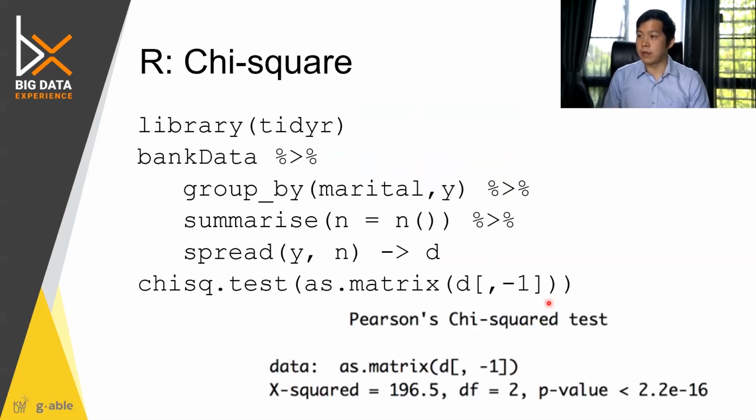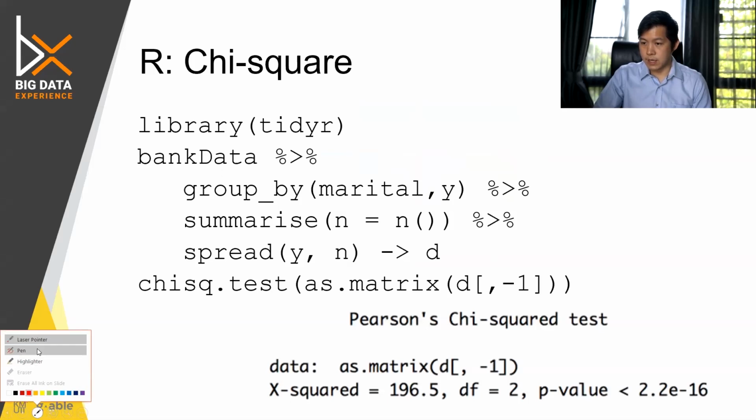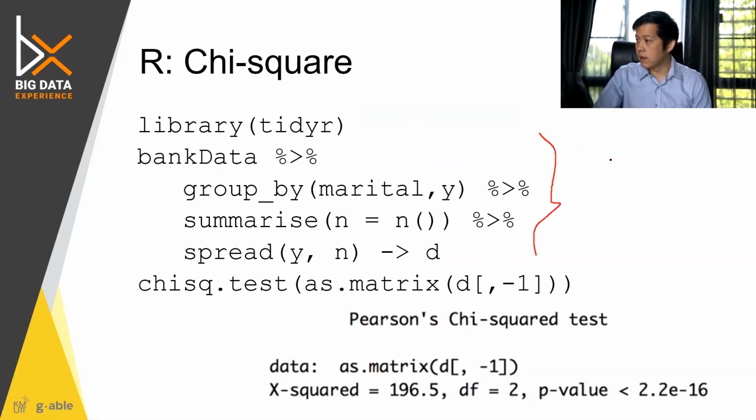Okay, we have chi-square here. The way you can calculate chi-square in R is by creating the cross tabulation. The result of this line will give you a cross tabulation, just like the last example.